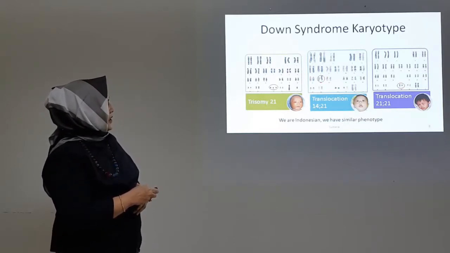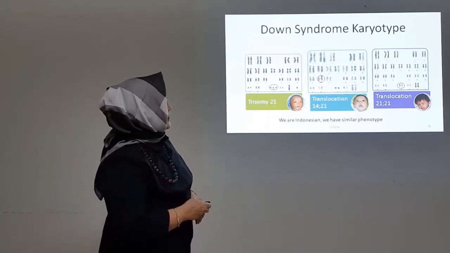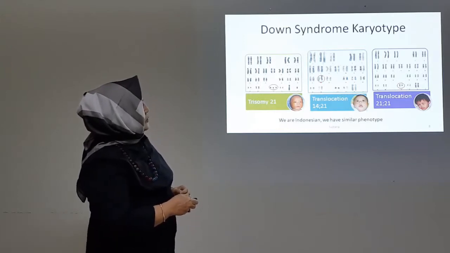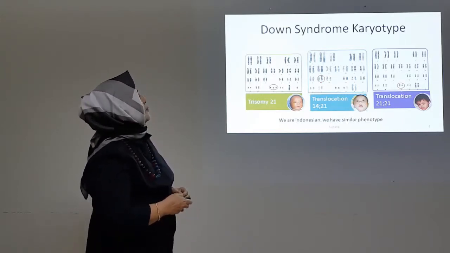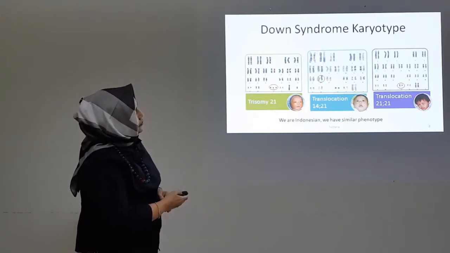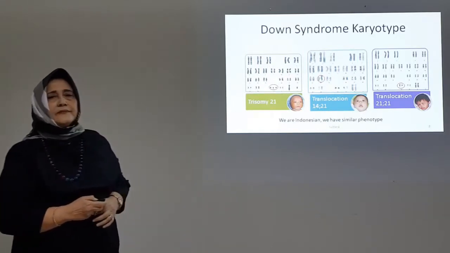Look, this one is the abnormal one. And the next one is the chromosome 21 is 3, but one of it is translocated to the chromosome 21 too. So this one consists of 2 chromosome 21 plus the normal one, so trisomy 21.